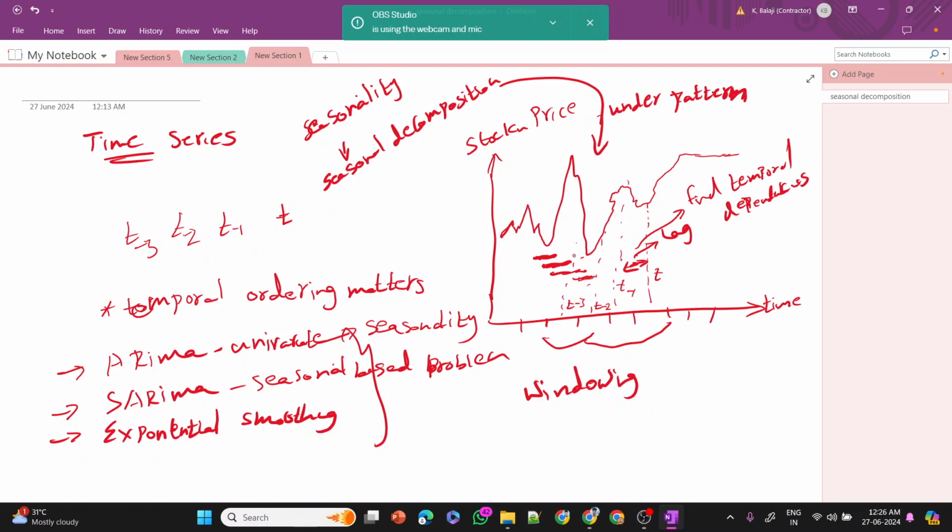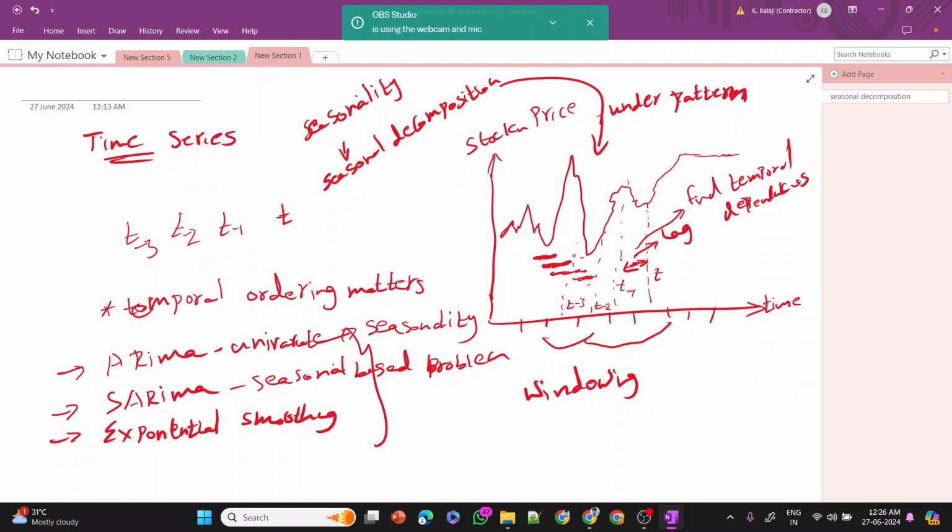For a time series problem, it is very important that we consider the previous time period, using windowing over the range of time period. By using that kind of technique, we can easily understand the pattern of a time series problem.